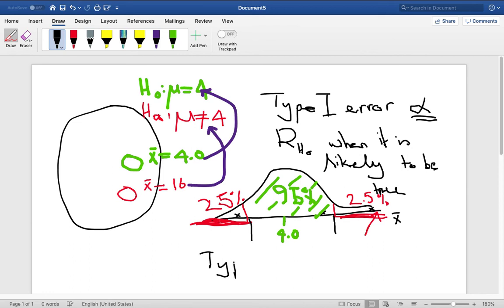Now, we don't say too much about type 2 error in this course, other than to make you aware of what a type 2 error is. That's a type 2 error. Sorry for the writing, guys. I'm new to this. The type 2 error has the symbol beta. That is when you fail to reject, or you do not reject H0 when it is wrong, when it is false.